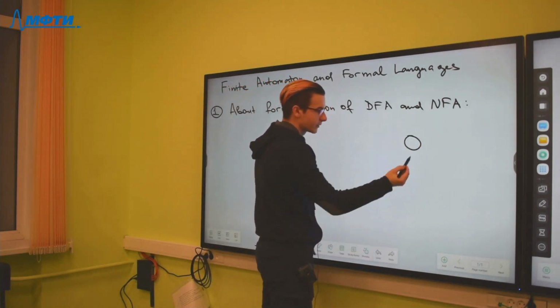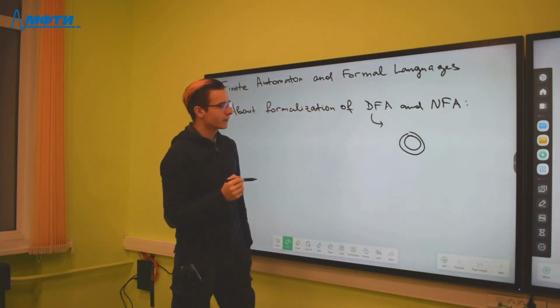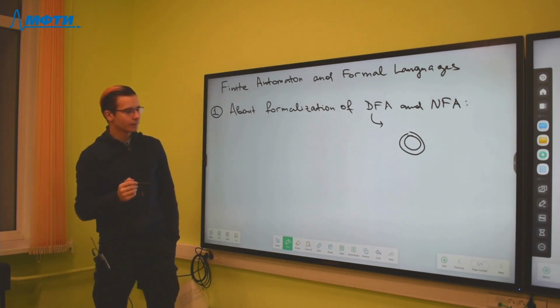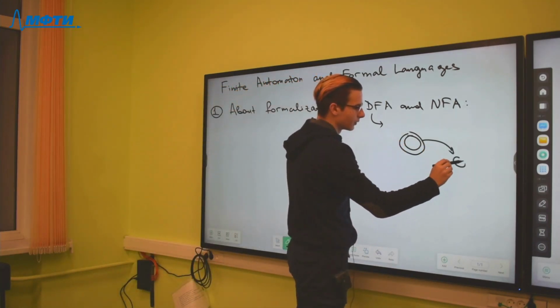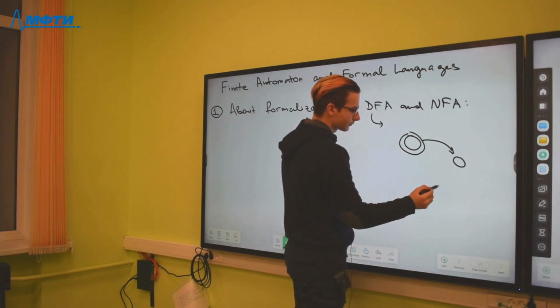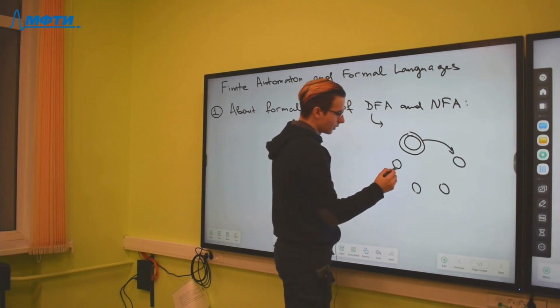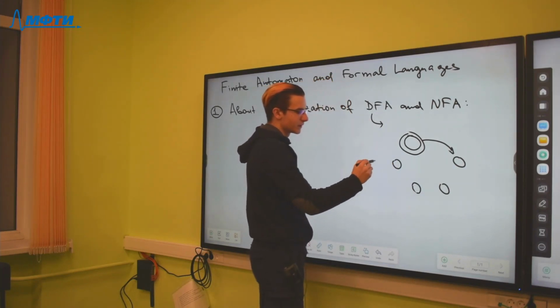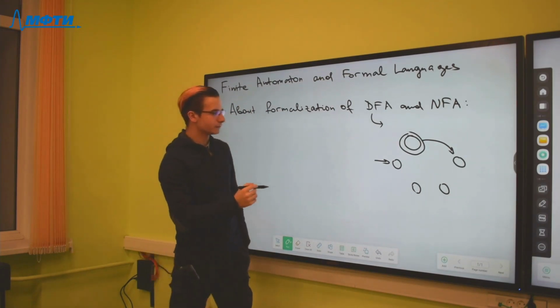So we talked about how a DFA and an NFA is a graph with transitions on the edges between vertices. The vertices are the states of the automaton.